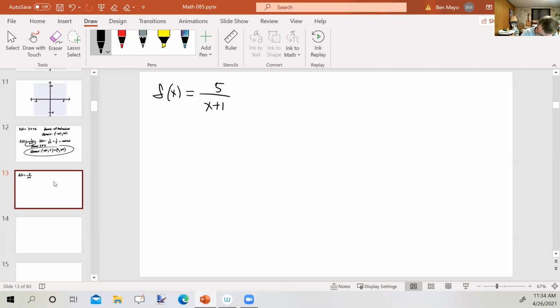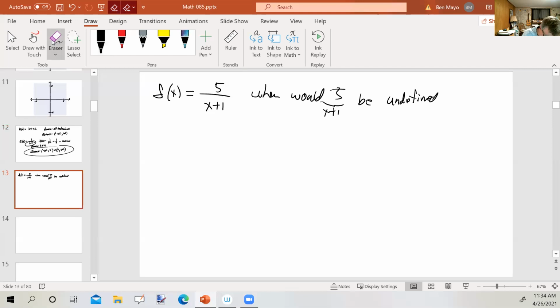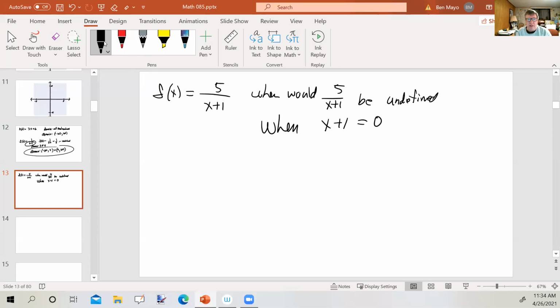Let's just say, when would that be undefined? See if I can write that in an actually legible manner. Okay, when would that be undefined? Well, when x plus 1, that is the denominator, equals 0.